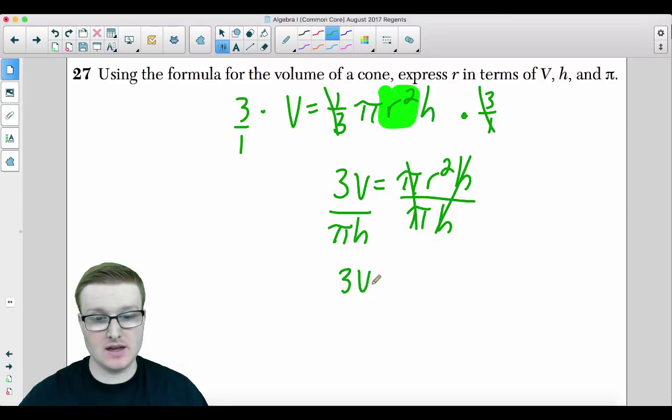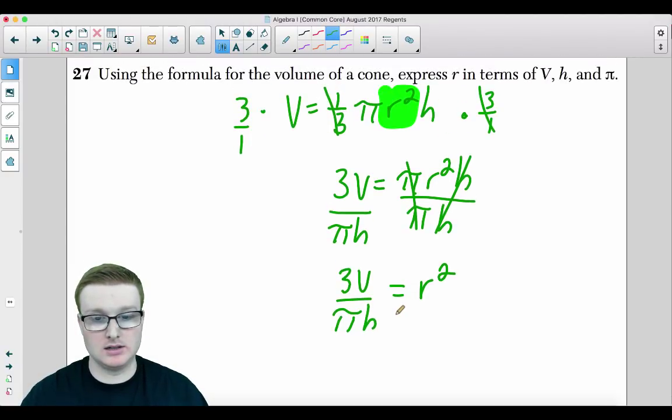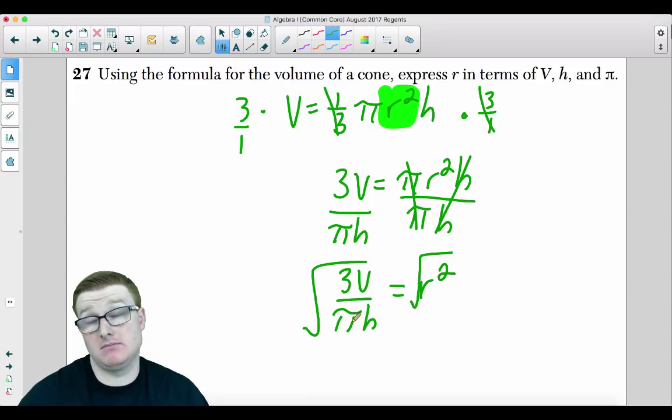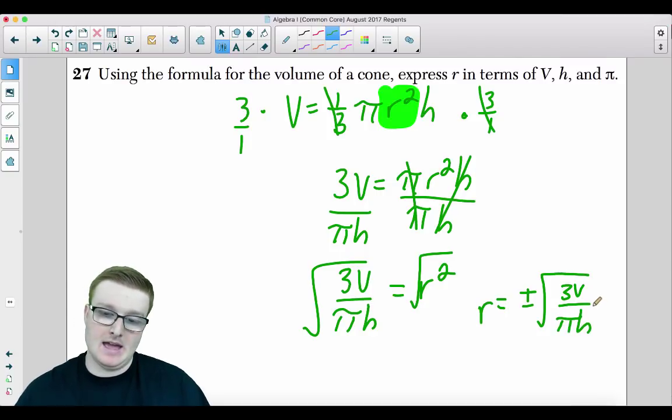So we get 3V over pi h is equal to r squared. Now, to solve for r, we're just going to take the square root. So r is equal to plus or minus the square root of 3V over pi h.